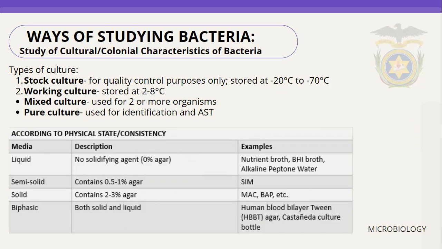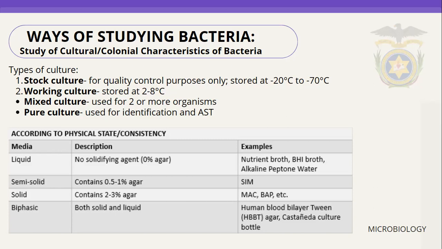Meanwhile, our working culture is stored at 2 to 8 degrees Celsius. We have two types of working culture. The first one is mixed culture, and the second one is our pure culture. We use mixed culture for two or more organisms, and we use pure culture for identification and AST, or antimicrobial susceptibility testing.